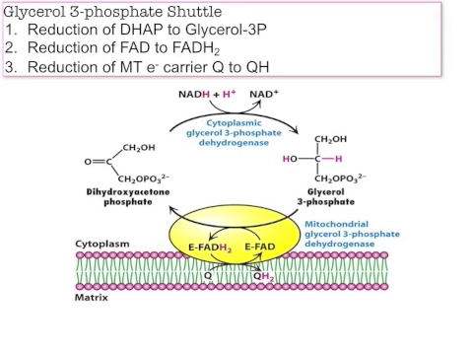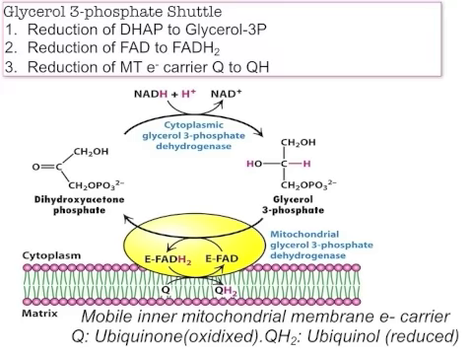The first thing we're going to do is reduce dihydroxyacetone phosphate to yield glycerol 3-phosphate. And so the reaction is dihydroxyacetone phosphate plus NADH plus a proton yields NAD+ plus glycerol 3-phosphate. Dihydroxyacetone phosphate is being reduced, and NADH is being oxidized to NAD+.